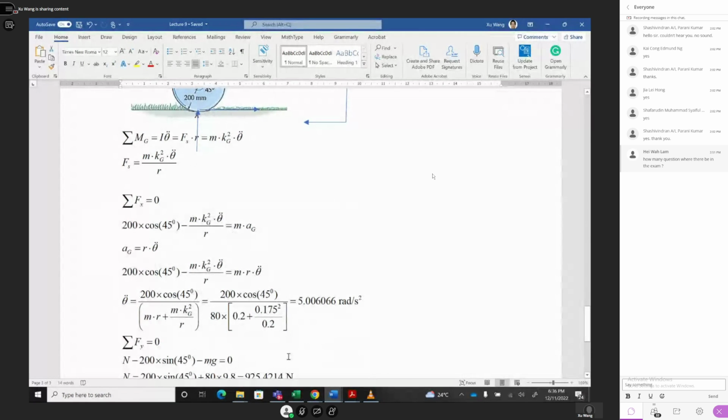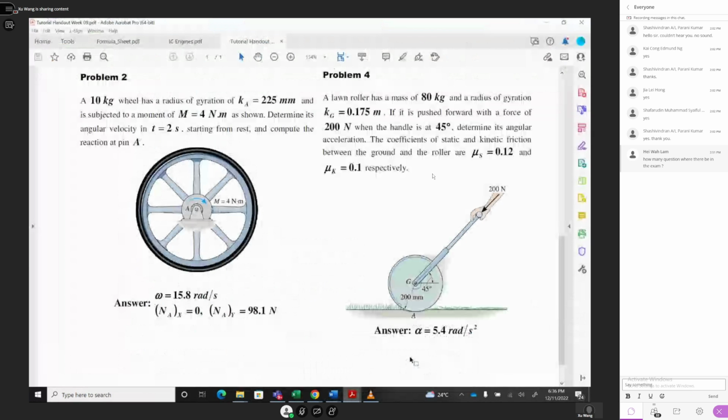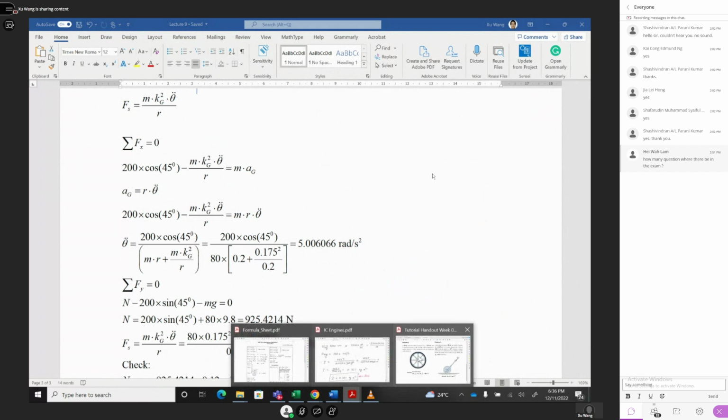Maybe this one is wrong, or maybe something is wrong with my calculation, but so far I cannot find anything wrong. I believe I'm right.